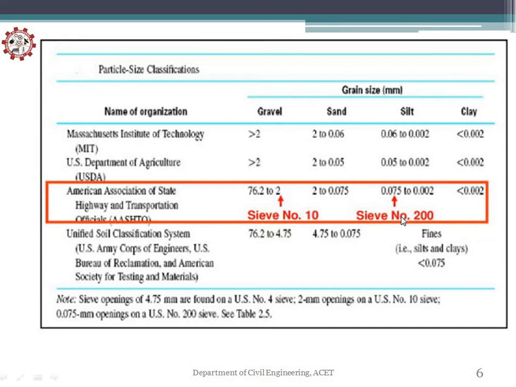This is taken from sieve number 200 and this from sieve number 10. So you can see that from 76.2 to 2 mm it goes down to 0.002 mm. Clay soils are more highly expansive soils.